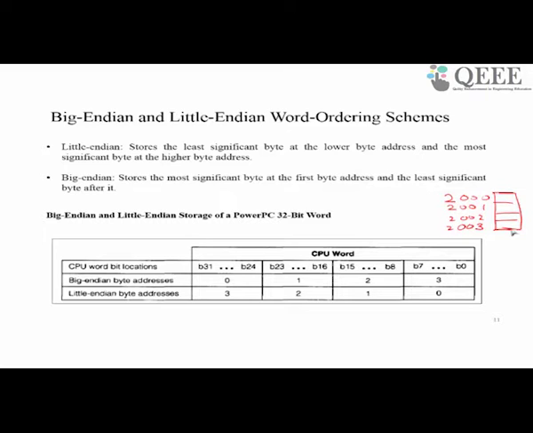There are two conventions prevalent in the industry. One way of packing the bytes is called the Little Endian way of packing. Another is called the Big Endian way of packing.